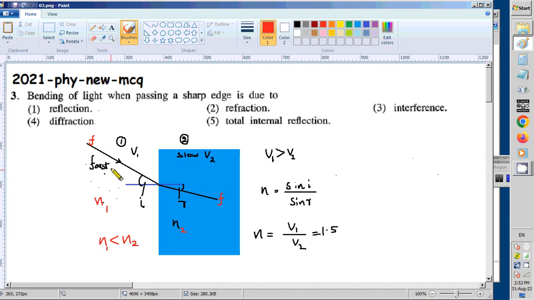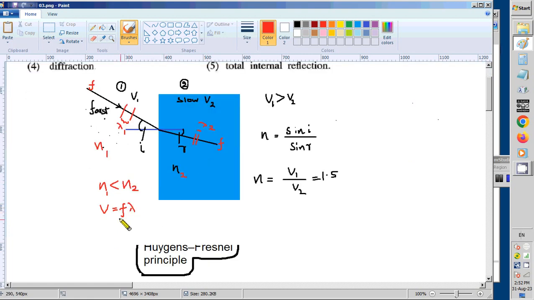Then lambda. We have to substitute into the equation v equals f lambda. Say here the lambda between these wave fronts is lambda 1, then the wave fronts here, lambda 2, are smaller because the frequency is the same.